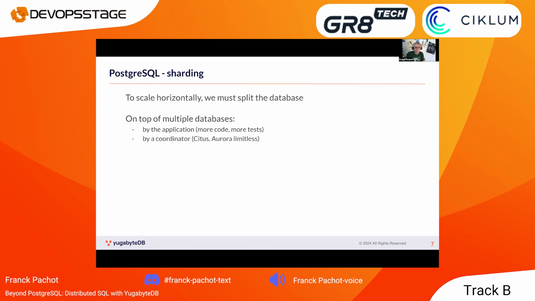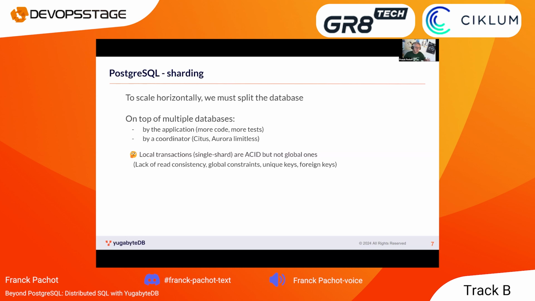It can be easier with a coordinator, and that's what the Citus extension is doing, or what Aurora Limitless is doing, where the application doesn't really need to connect to a specific shard. It just mentions the shard key, like the customer ID, and then a coordinator will send the SQL query to the right shard. And this works quite well when you have a single shard transaction.